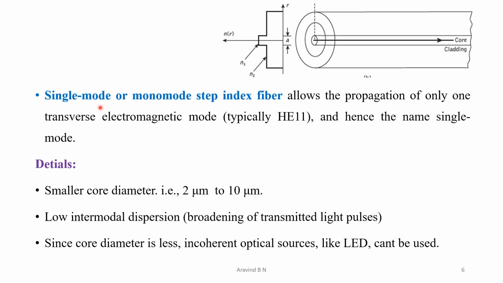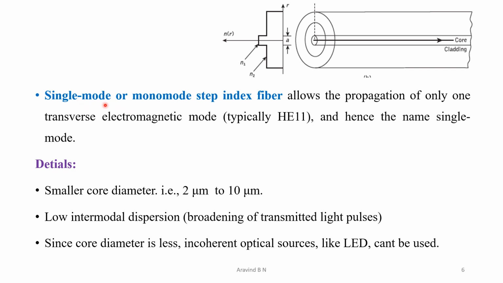Let us start with the single mode step index fiber, also known as the mono mode step index fiber. This one represents a typical single mode step index fiber. Now this refractive index is going to vary in the form of a step. Therefore, the term step index fiber is satisfied. Now coming to the term single mode.